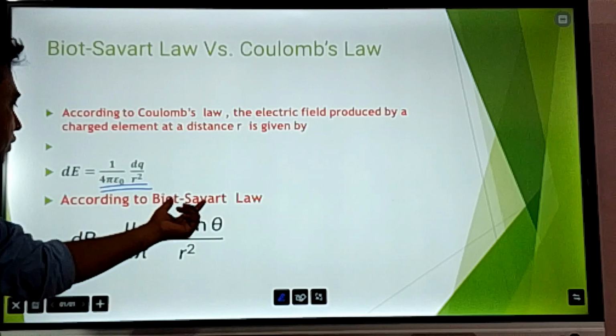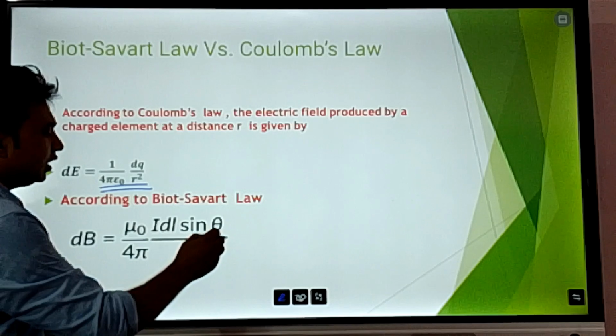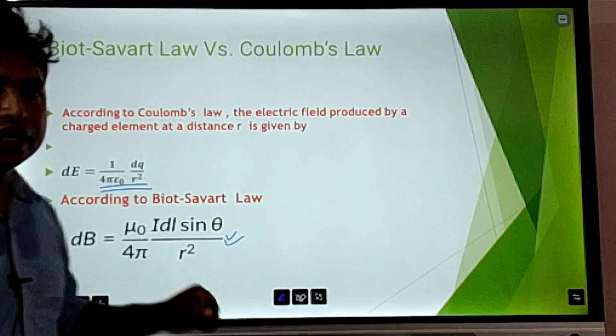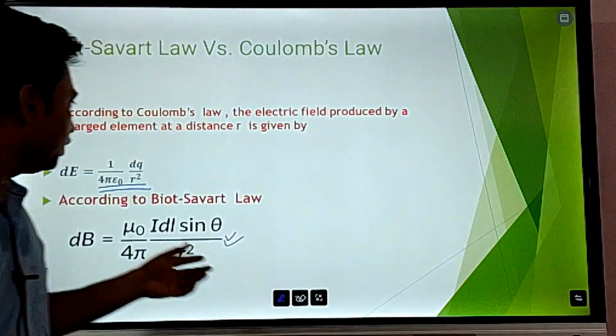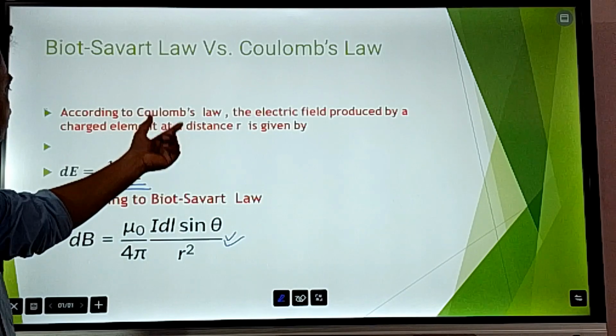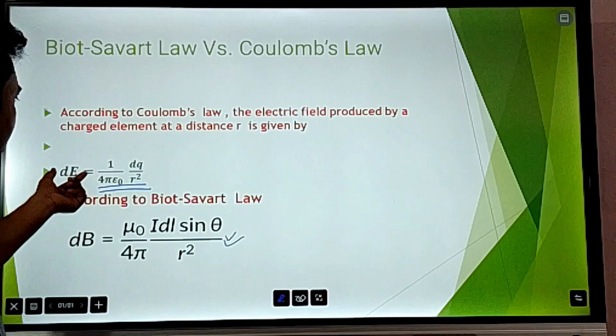And in case of the Biot-Savart law, we have seen this formula, mu naught by 4 pi, I dl sin theta by r squared. We want to compare it and find out the similarity between the Biot-Savart law and Coulomb's law, which gives the formula for the electric field.